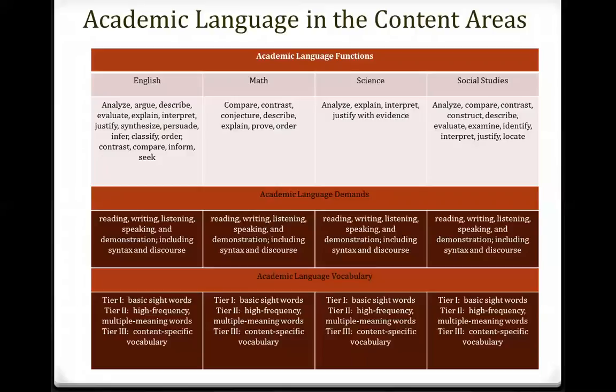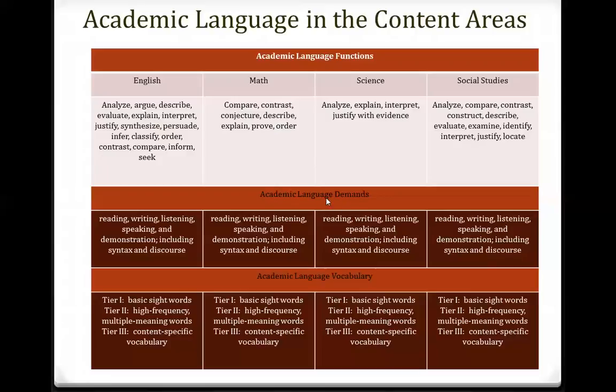If you look at other words, for example, compare, you see compare in English, but you also see compare in math. Depending on how I use the language in English, may not actually determine how that same word is being used in math. And this is where some of our students struggle because they can't differentiate between the two.